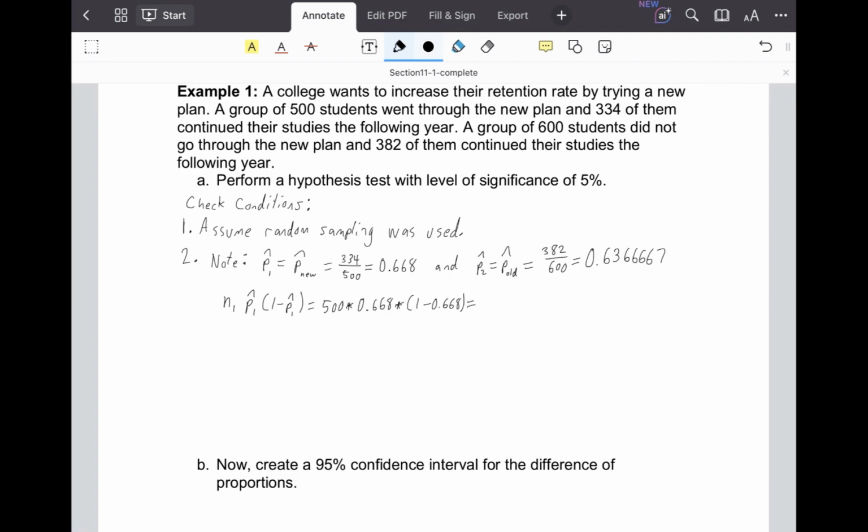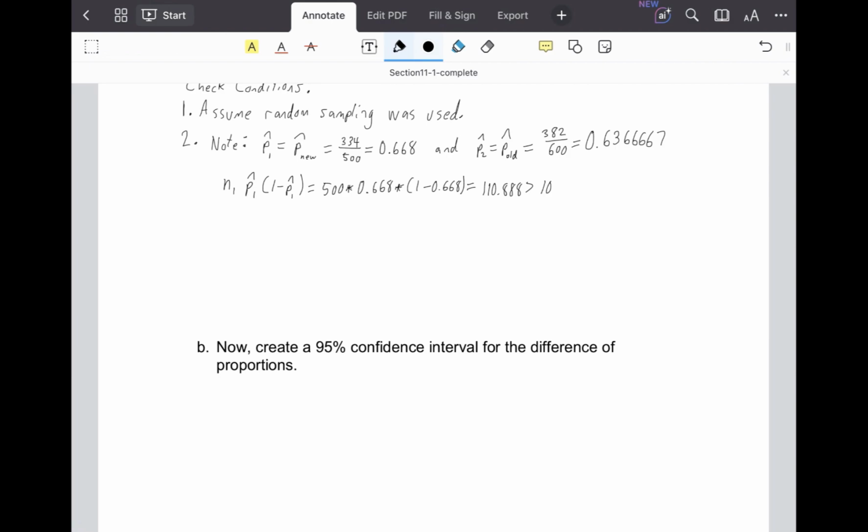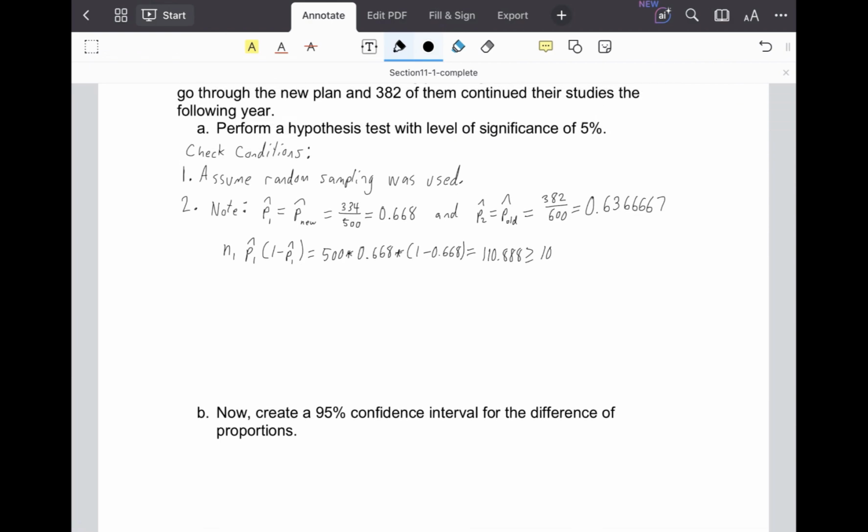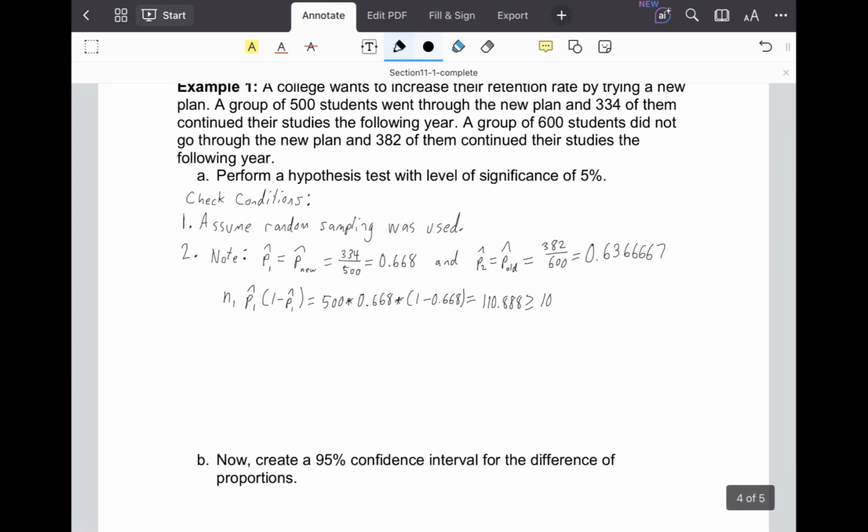That gives us 110.888, which is definitely greater than 10. Just good.